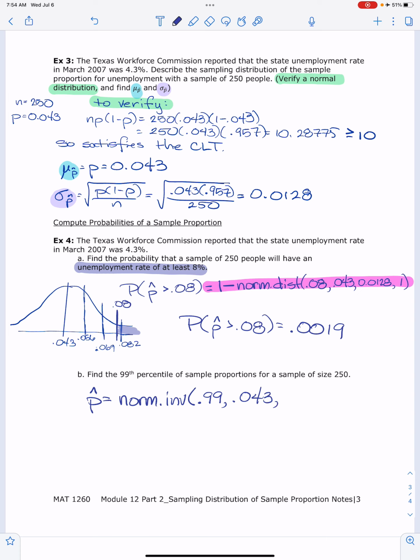That's the mean of all the sample proportions, and my standard deviation is 0.0128. So a little note down here, norm.inv: it's the probability, mean, and then standard deviation.